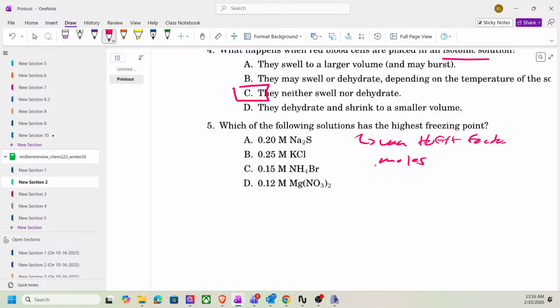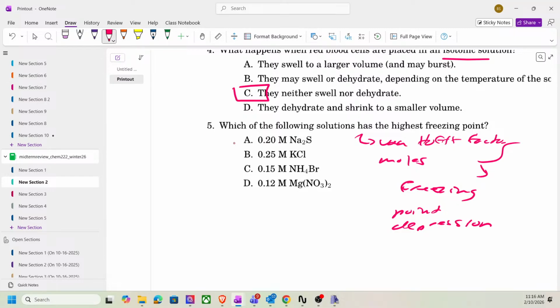And then the other thing I'm thinking about is this all leads to freezing point depression. So, right, we're not really going for the greatest number of moles, because that would give us our lowest freezing point. We're looking for our highest freezing point.